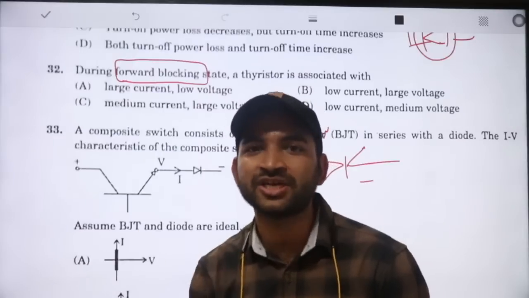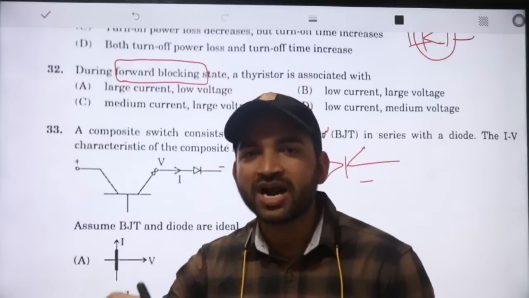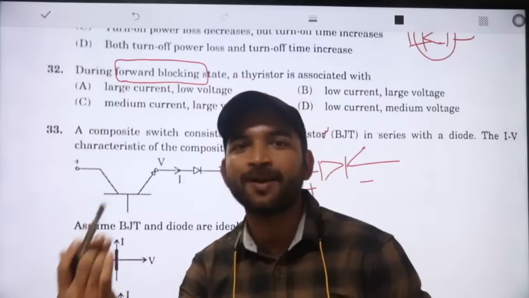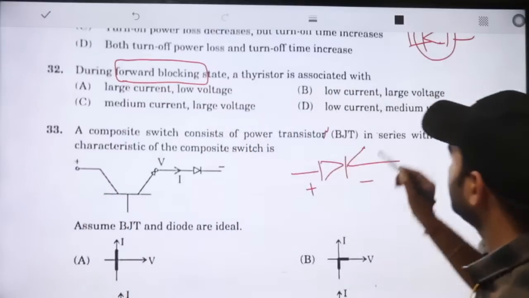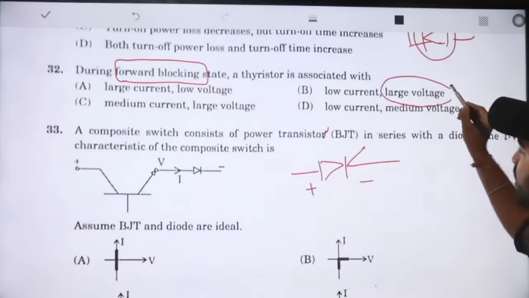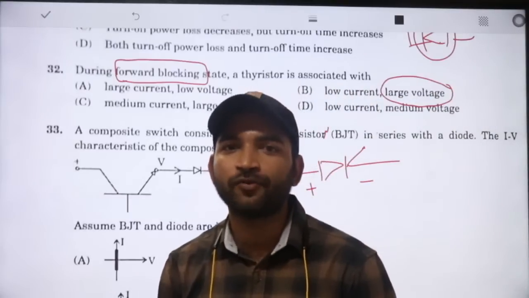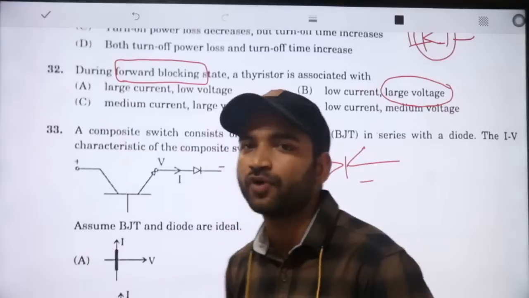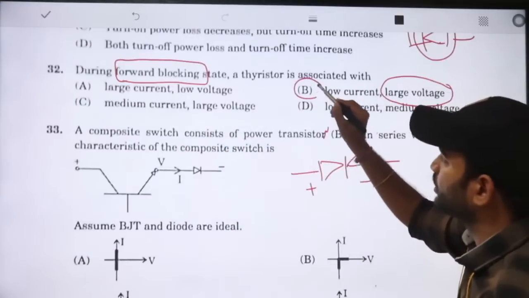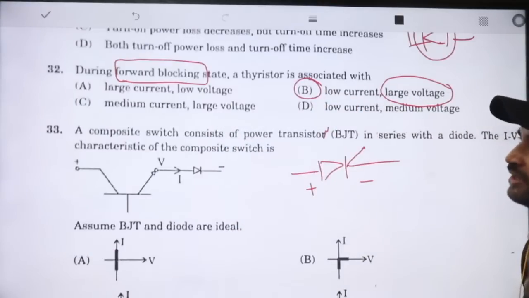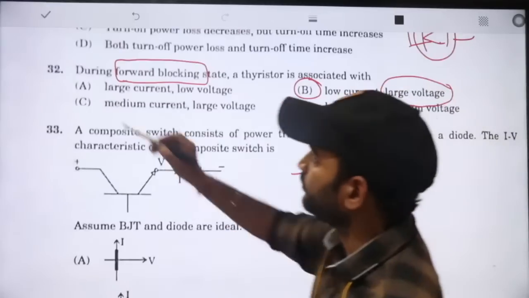But when junction J2 is open circuited, whatever voltage is applied will appear across junction J2, which means a large voltage, but since it is open circuited, there will not be a flow of current. So the current flow will be low. So the answer is B for the 32nd question.